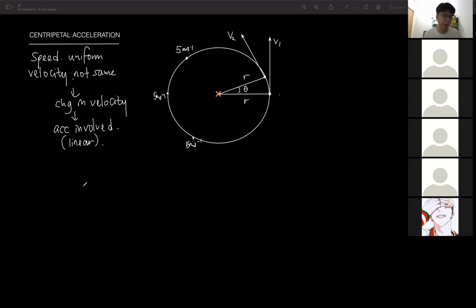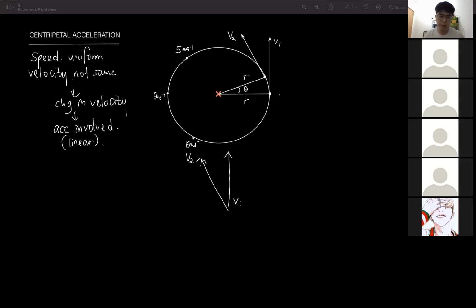Question: where is this acceleration acting, and how do we find it? We create this acceleration by changing the velocity. So where is it acting? Using geometry from this diagram, we take the two vectors out, vector v1 and vector v2.